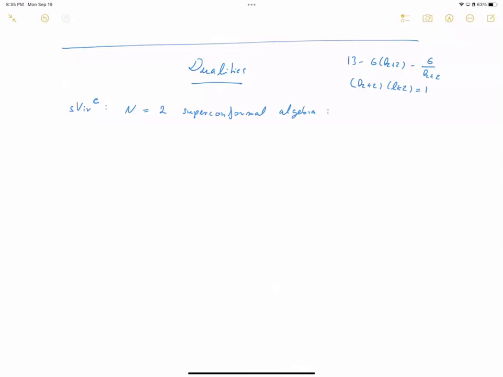The upshot was that you expect many more dualities between W algebras and superalgebras. The one I'm presenting here is the simplest one of this new type. It relates the N=2 superconformal algebra at a central charge C to the affine vertex algebra of SL2 at level K.